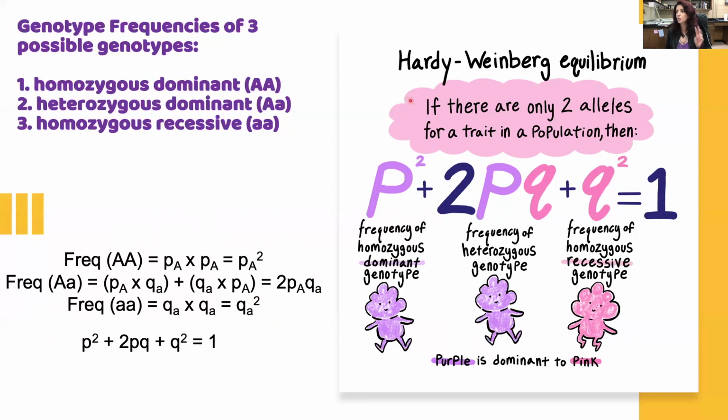So if there are two alleles for a trait in a population, then the frequency of homozygous dominant genotype squared plus 2 times the frequency of heterozygous genotype plus the frequency of homozygous recessive genotype squared equals 1.